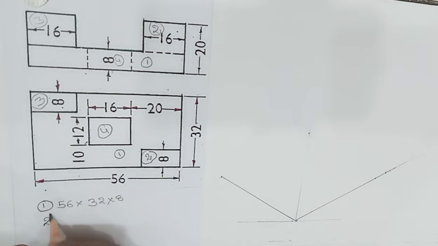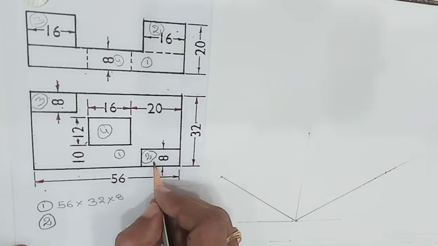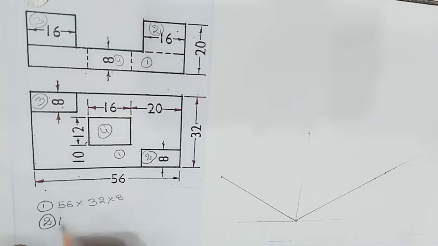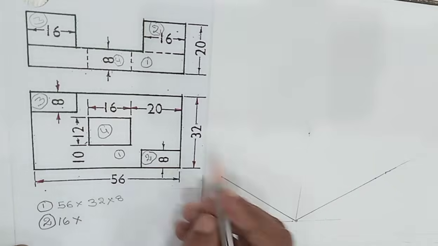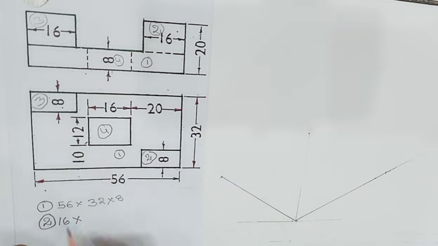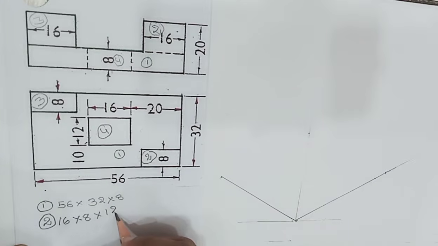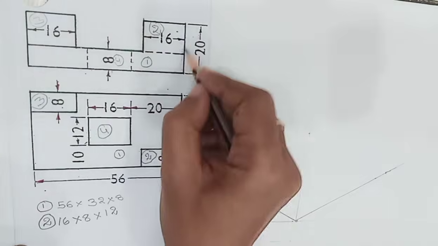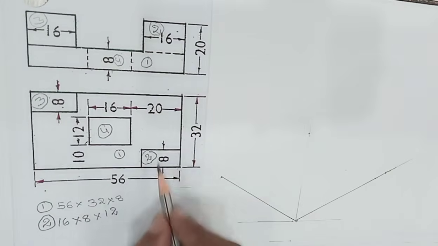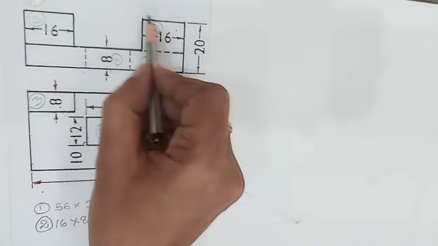Second part, say length is 16, breadth is 8, height is 12, that is 20 minus 8, that is 12. So this second part, this is the top view and related information, this is the front view.